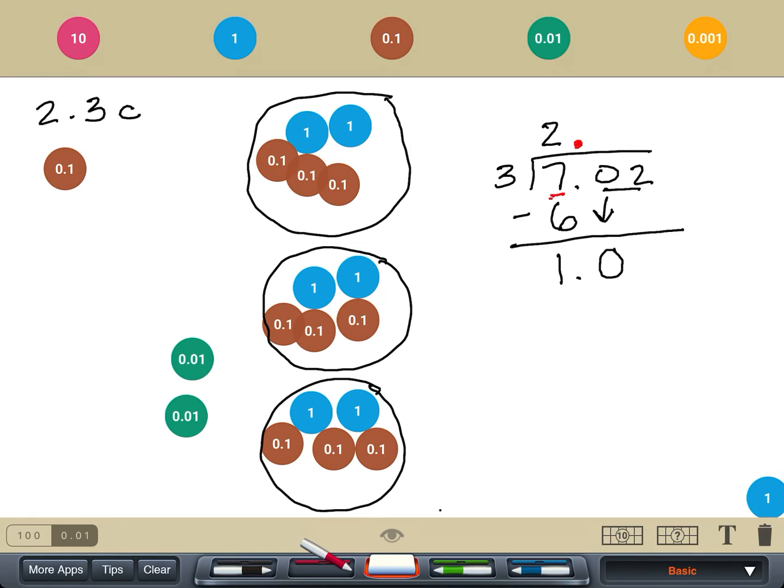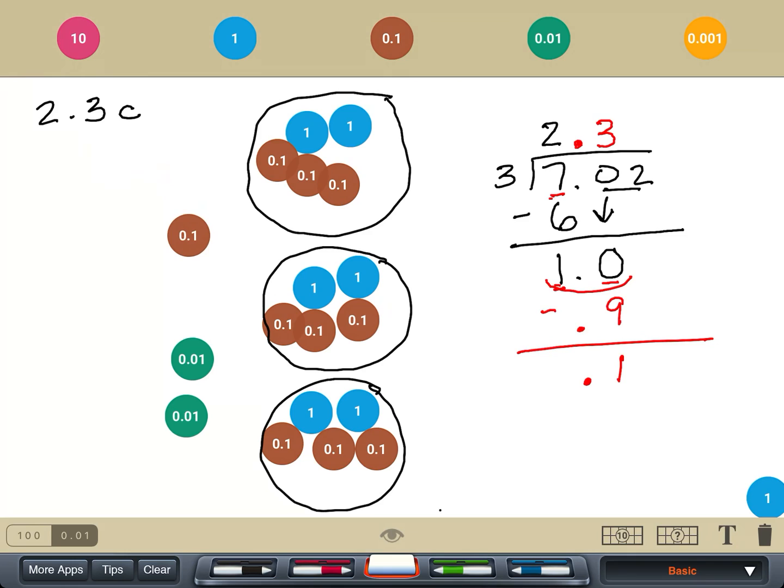We can show this by saying this is the same as 1 whole and 0 tenths, or you can think of this as 10 tenths, and we had 10 tenths divided into the 3 groups, so we put 3 tenths into each of the 3 groups, and we used 3, 6, 9. We used 9 tenths. And we have 1 little tenth left over here.